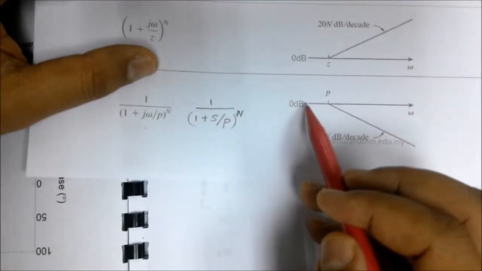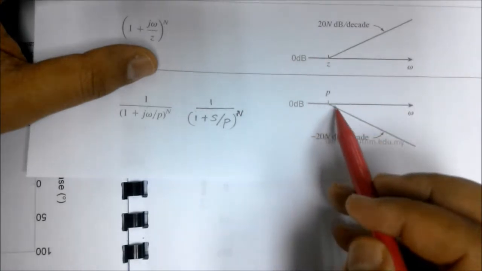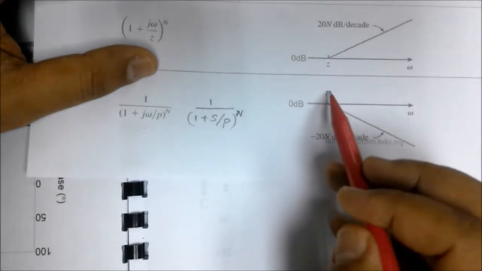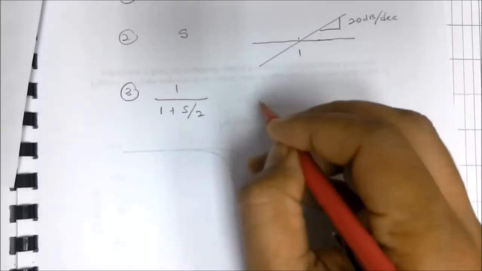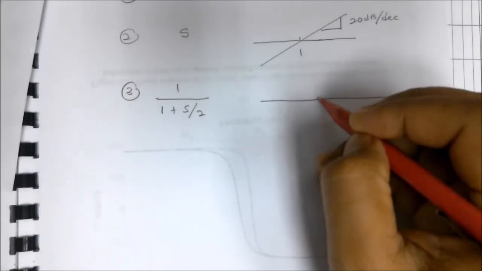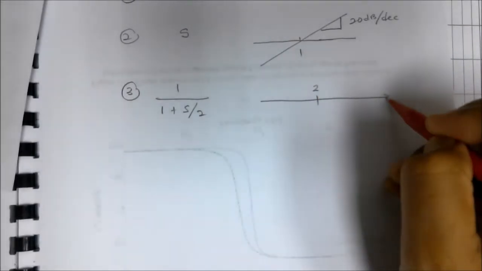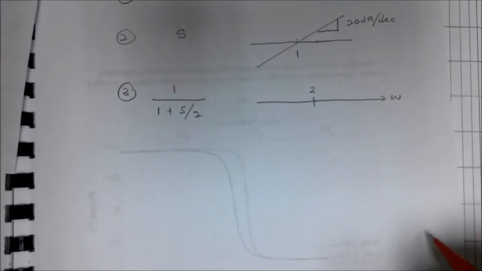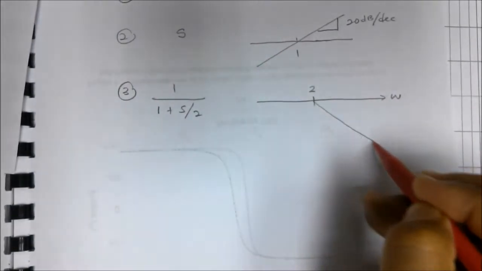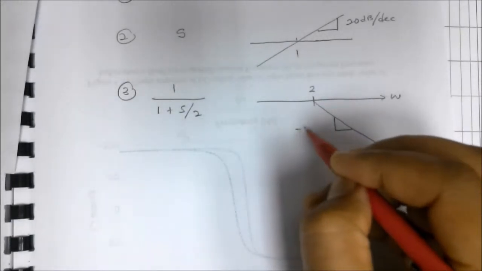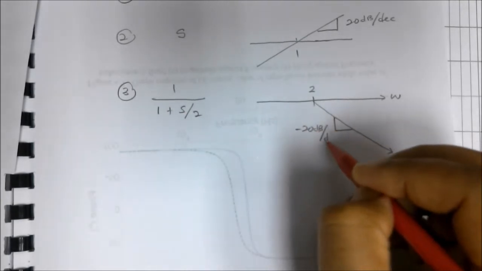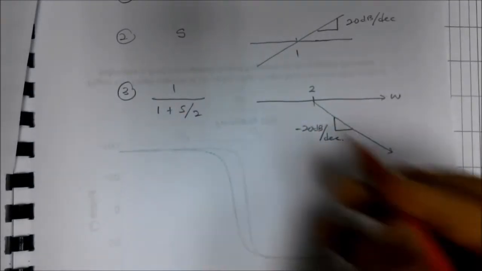Look at this factor. We have this one starting at 2, with a negative slope, right? So this is the x-axis, this is 2, going down, and this is negative 20 dB per decade.